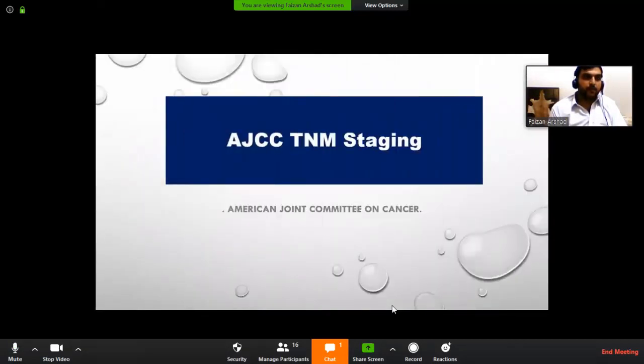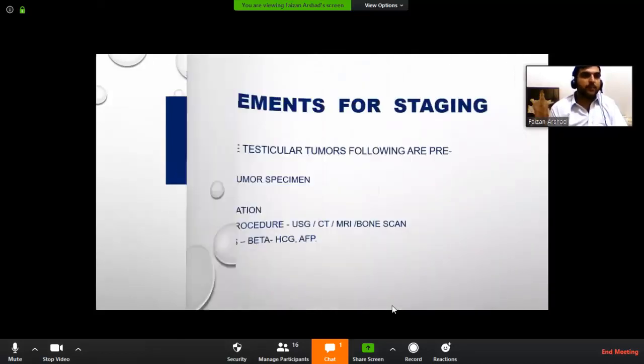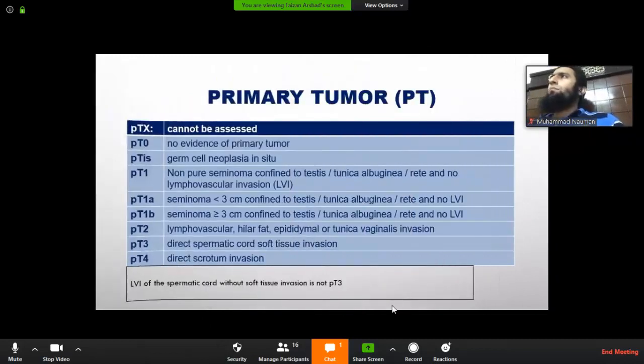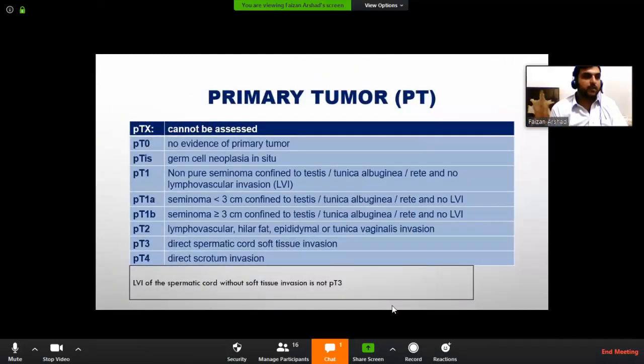And the American Joint Committee on Cancer TNM staging. The requirement for staging is pathology of the tumor specimen, history, clinical examination, radiological procedures, and tumor markers, of course. The primary tumor: T0, no evidence of primary tumor; Tis, germ cell neoplasia in situ; and T1, pure seminoma confined to testes or tunica albuginea, rete testis, and no lymphovascular invasion.